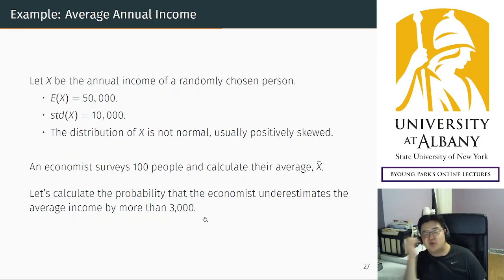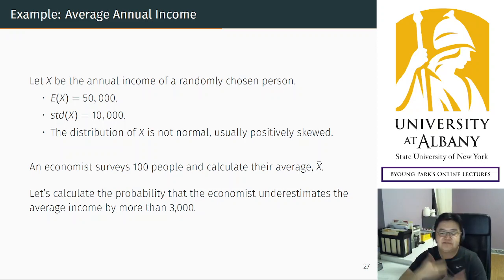Because we know the true mean and the true standard deviation, and we studied the sampling distribution earlier, we can calculate the probability about how accurate the survey can be, right? That's how we utilize statistics in real analysis.